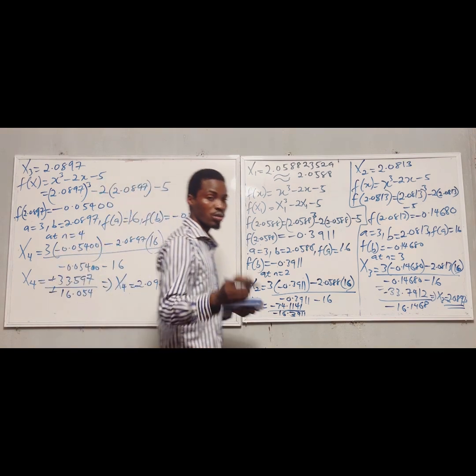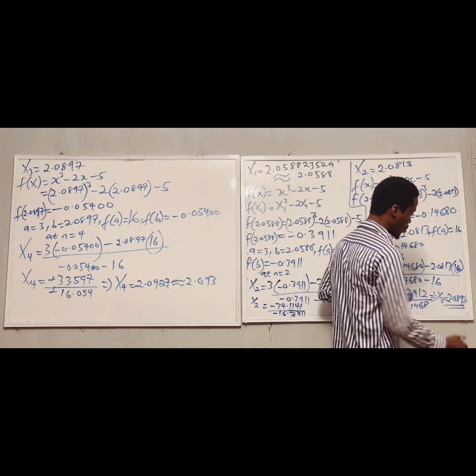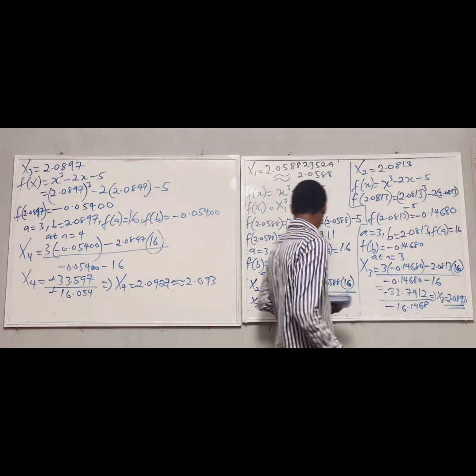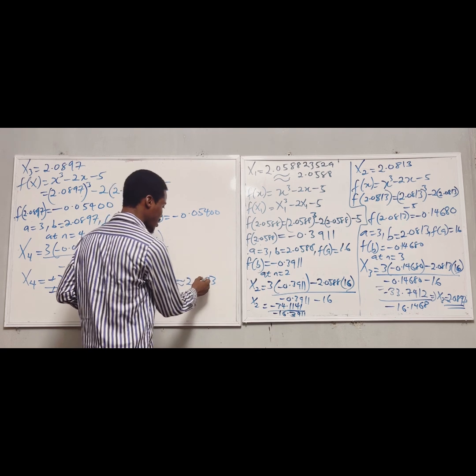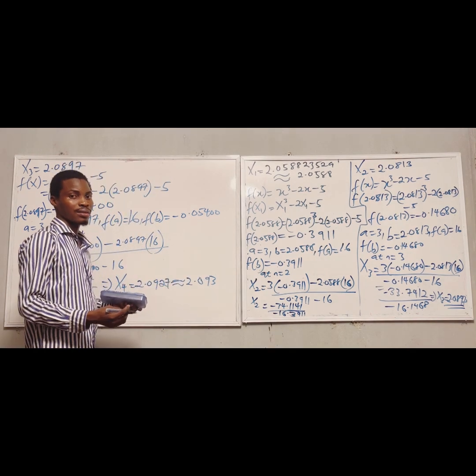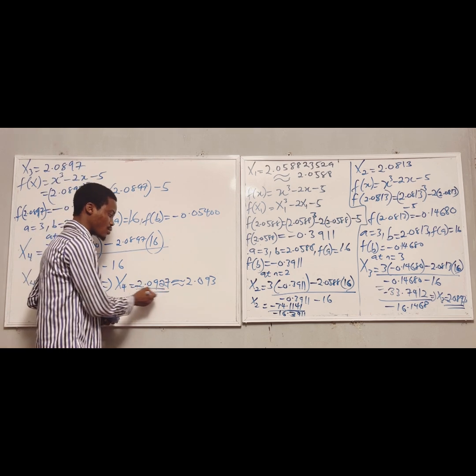And if I approximate 2.0897 to 3 decimal places, I'm going to have 2.090. So 2.093 and 2.090 are relatively close to each other; the difference is 3. So I'm stopping here.